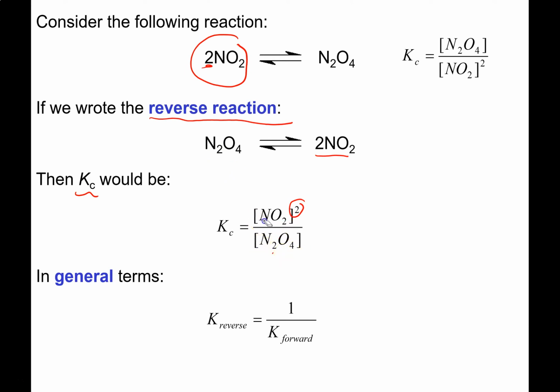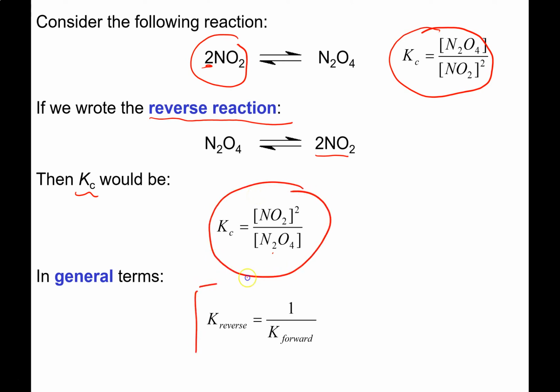And what you realize fairly quickly is that the equilibrium constant for the forward process and the equilibrium constant for the reverse process are related in this way. The equilibrium constant for the reverse process is simply 1 over the equilibrium constant for the forward process. So they are the inverse of each other.